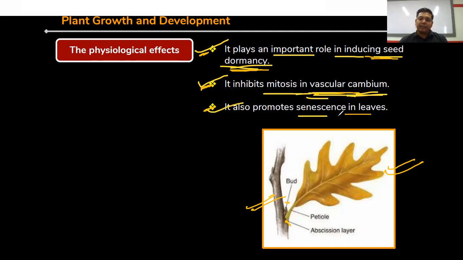It also promotes senescence in leaves. So obviously, senescence or maturation of the leaves is done by the ABA. So just see the leaves. You can see in nature the yellowish flowers, yellowish seeds, as well as yellowish leaves falling off on the surface of the soil. Now, what happens here? Why are they yellowish in nature?